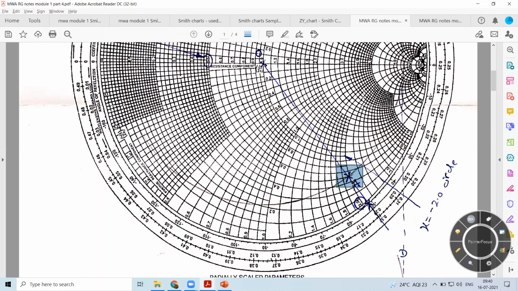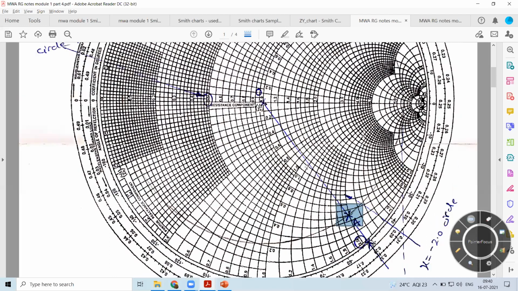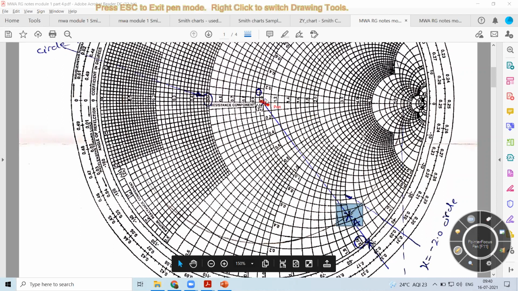Now, in order to obtain the reflection coefficient, we need to consider the center of the Smith chart, which is marked as O over here. This center of the Smith chart is associated with R equal to 1.0.